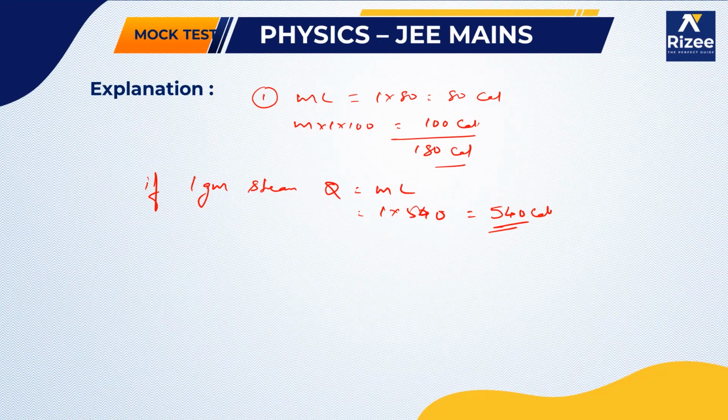So of the 540 calories supplied, only 180 calories is required for the ice to melt and to rise its temperature to 100 degrees centigrade. So the resultant temperature will stay at 100 degrees centigrade. So this is the condition.